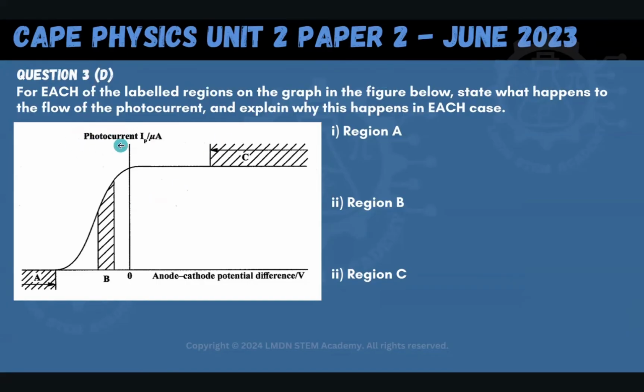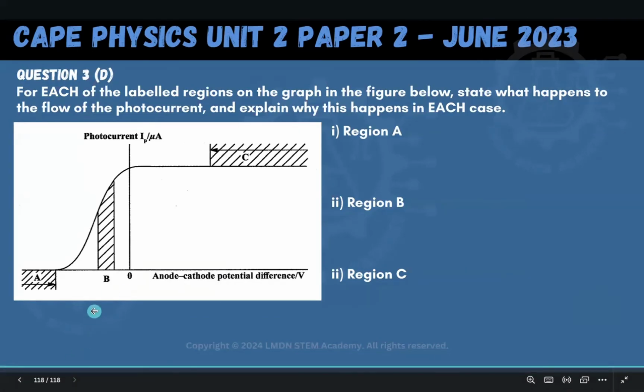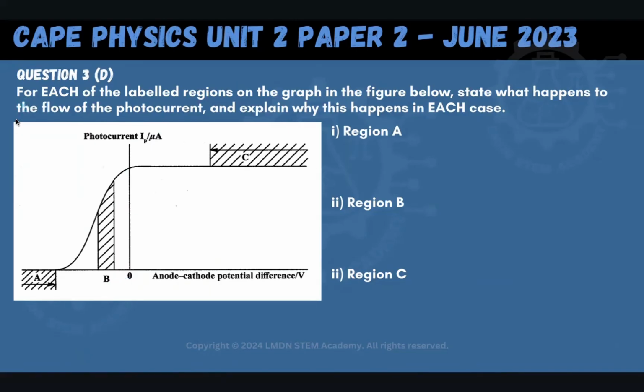Fundamentally, it comes down to how the photocurrent varies with potential difference. So the first thing we want to say is that when we look at this, we have a region here, region A, where what do we notice?